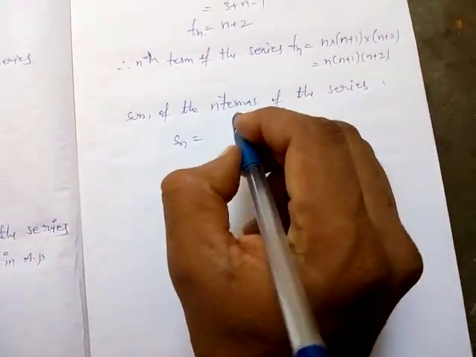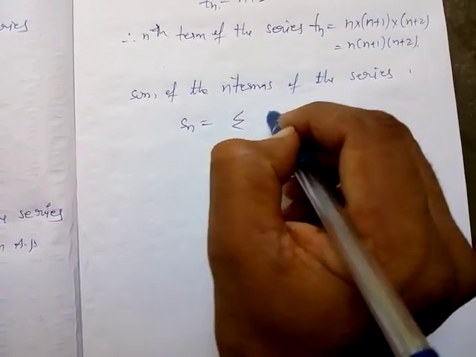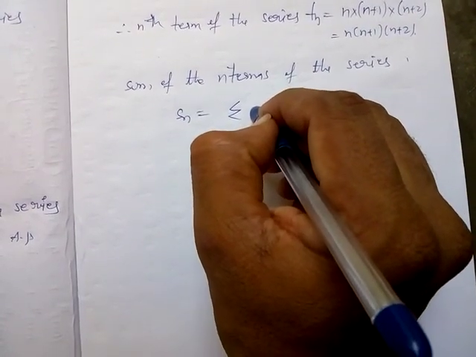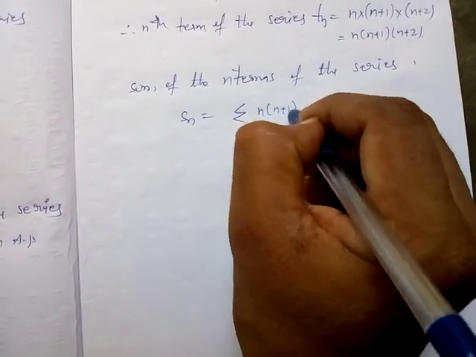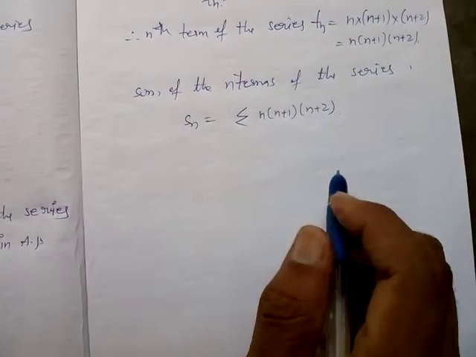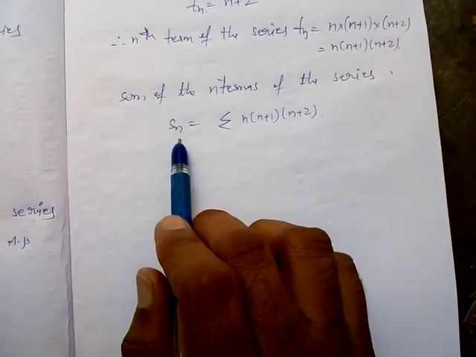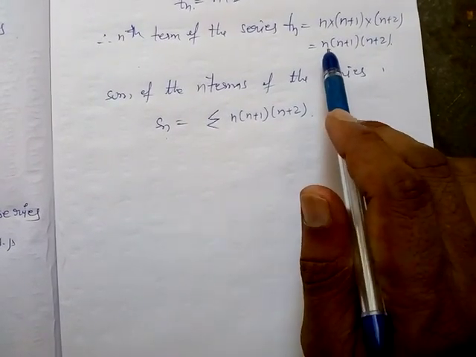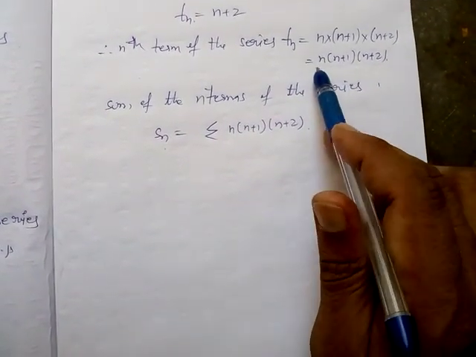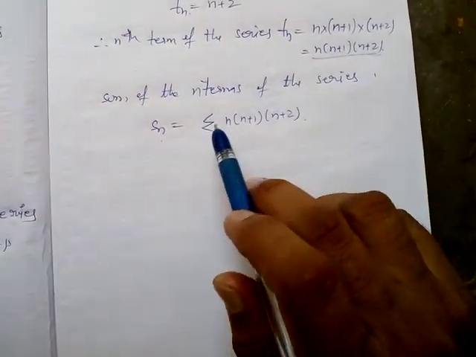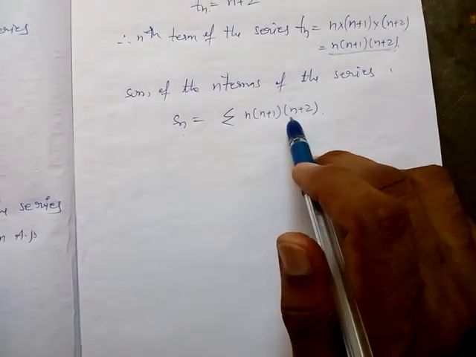Sn is equal to sigma of the nth term of the series. This is the nth term of the series, so apply sigma, then you get the sum of n terms of the series.